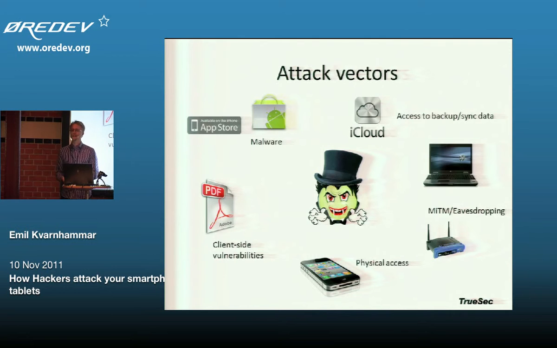One case could be uploading an evil application or malware in Android Market or App Store. Another one could be utilizing a client-side vulnerability, for instance, in PDF reading, where we have seen many different examples, especially on the iOS platform, but also on many other platforms historically, also on the desktop side.